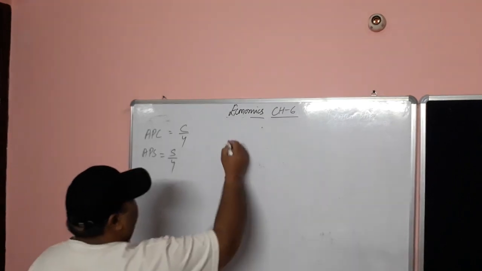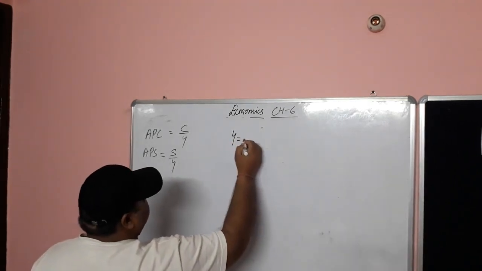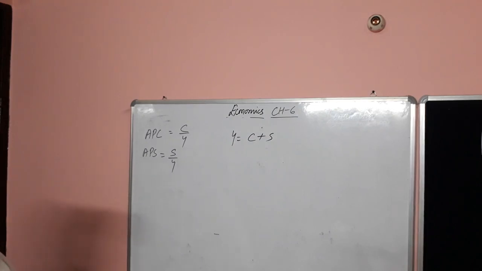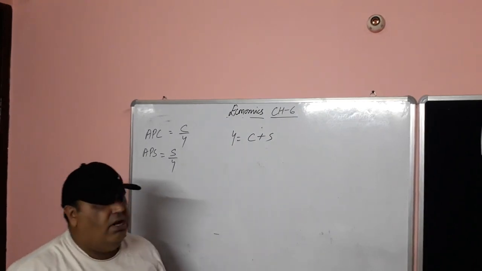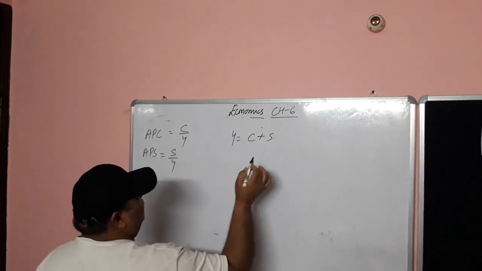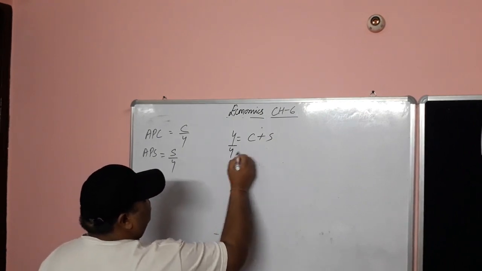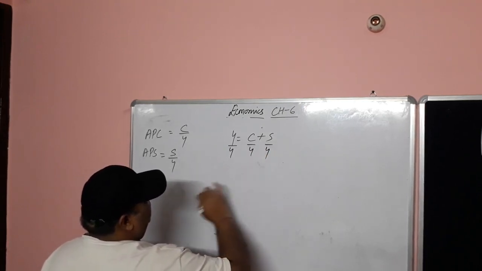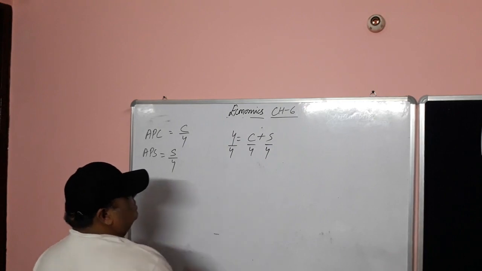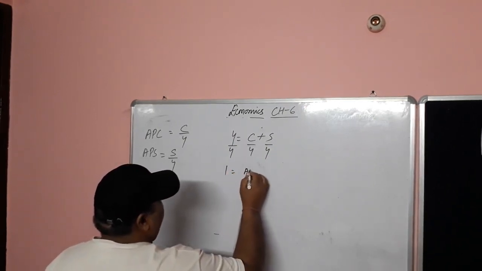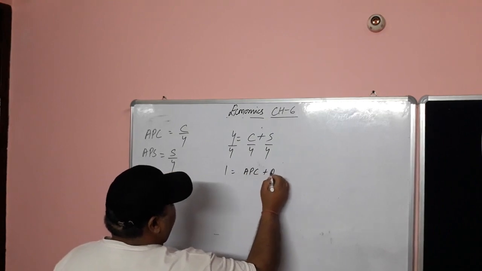So it means a person's income is divided into 2 portions, consumption and saving. For the solution purpose, if we divide both sides by the same value, what is the impact? 1 equals APC plus APS.